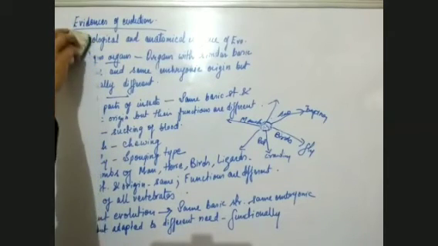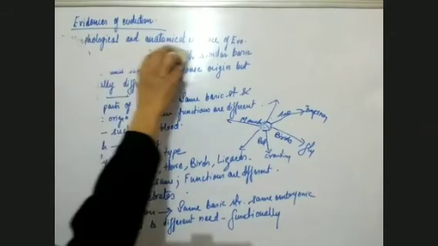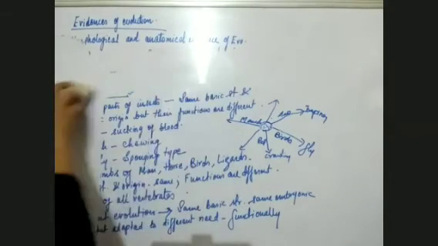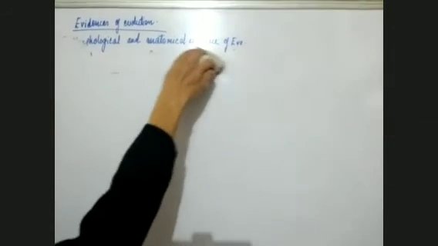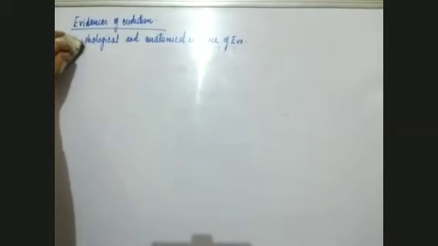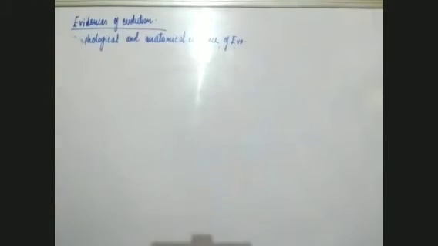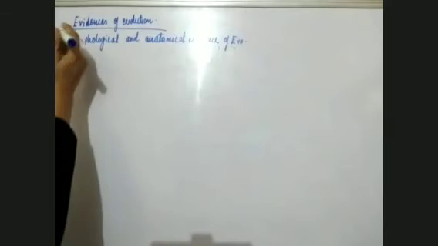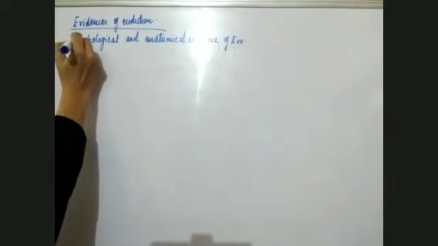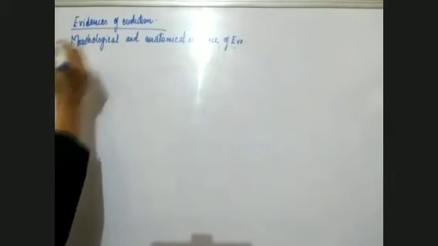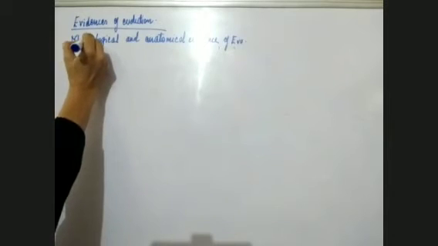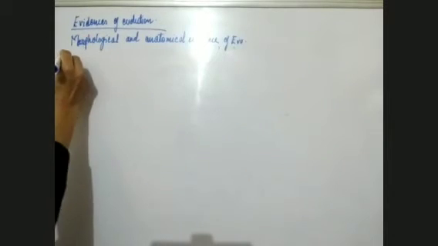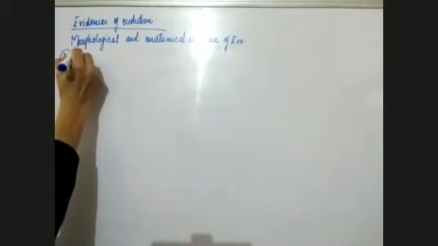So I come to the second type of morphological and anatomical evidence, and the second type is analogous organs.